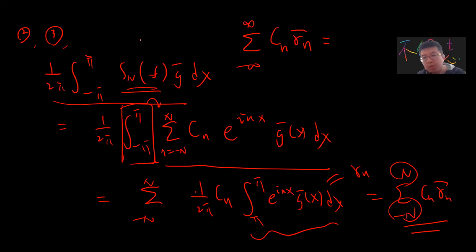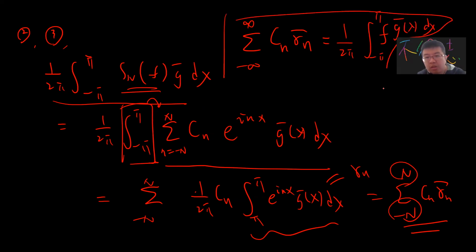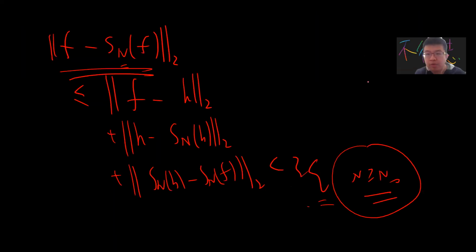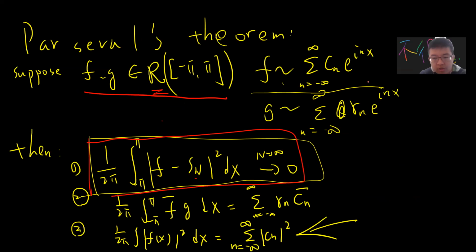I'm not saying Sn becomes F, but I said the integral of this difference becomes 0, right? So this becomes this. And if you take g to be f, then you prove the third, just the sum of Cn squared.